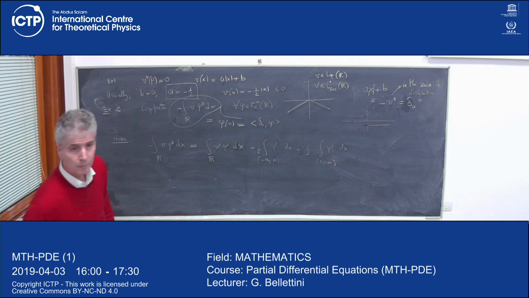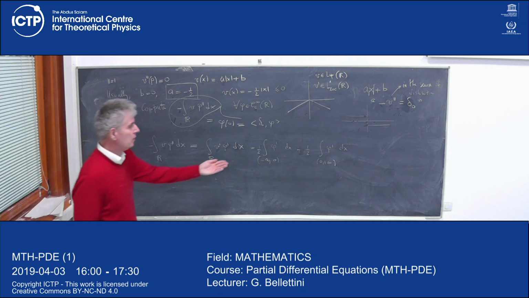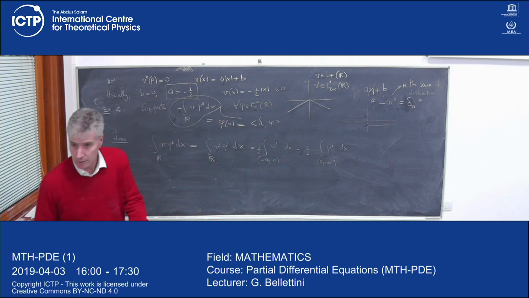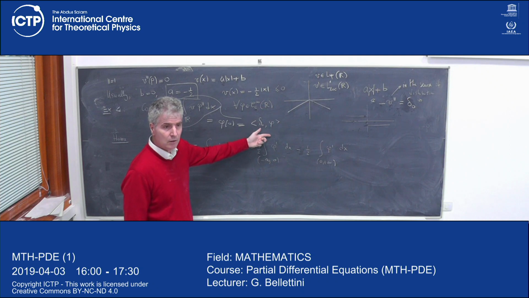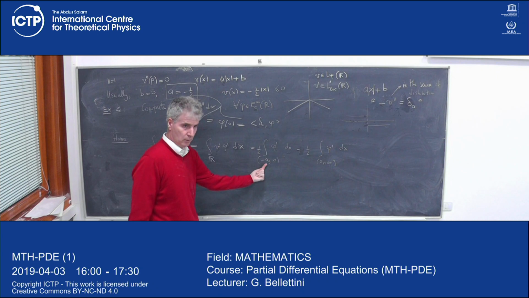Now what do we do? We use the fundamental theorem of integral calculus. Now phi is C1, phi prime is C infinity. So this is phi at 0 minus 0, because phi has compact support.